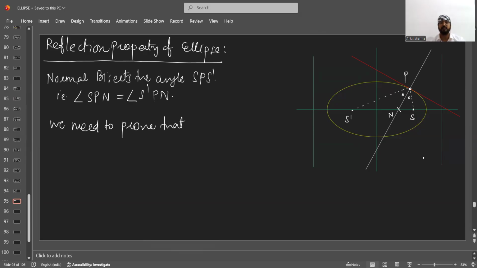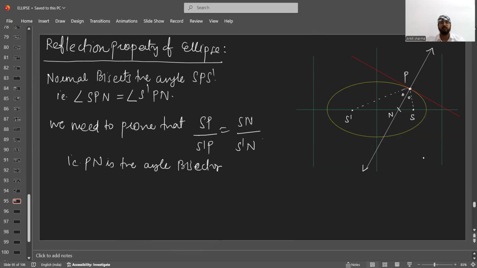If this line is serving as the angle bisector, it is enough to prove that SP/S'P is the same as SN/S'N. If you prove this, it implies PN is the angle bisector. So this is what we need to prove.